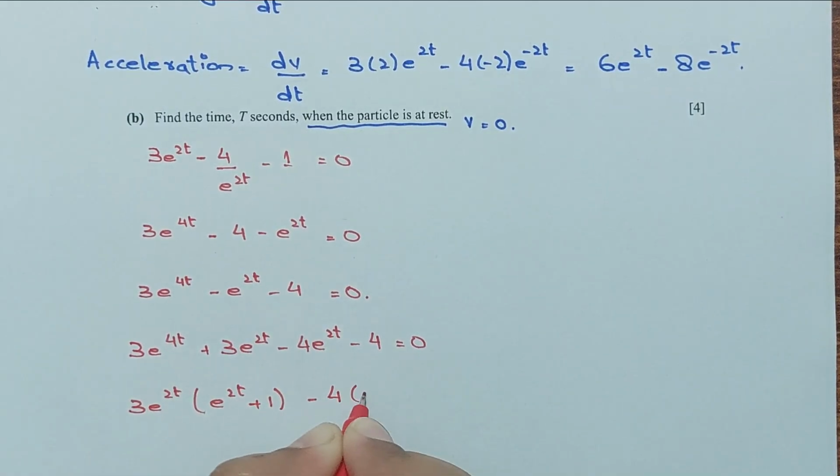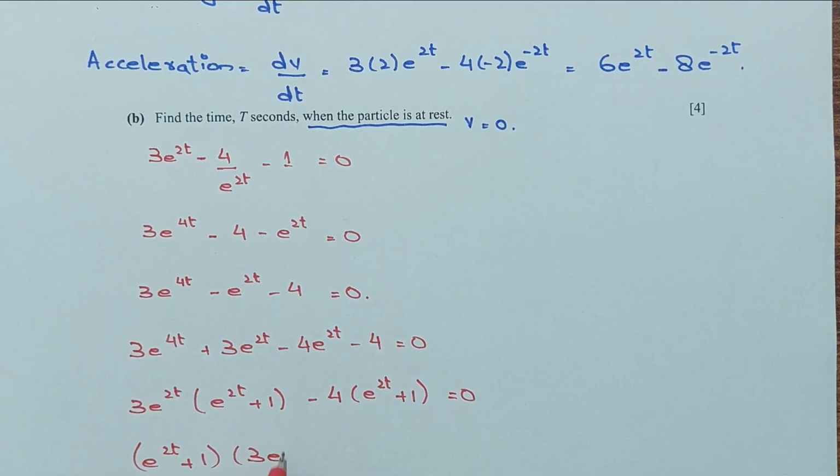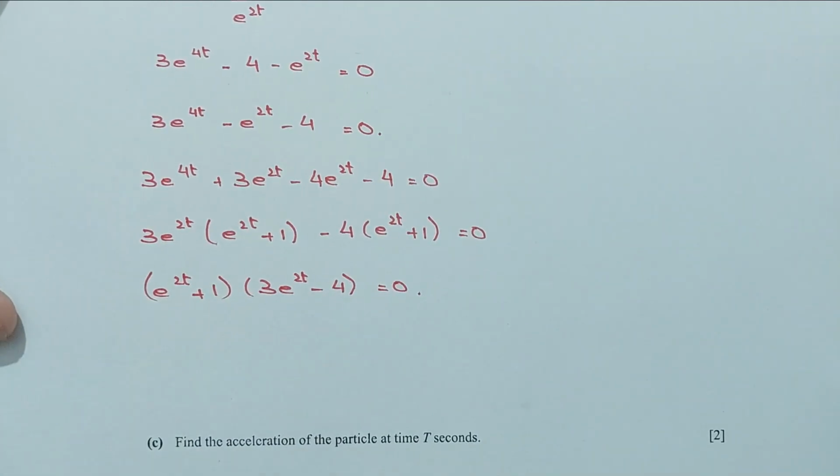Negative 4 is common, with the same factor e power 2t plus 1. The two factors are e power 2t plus 1 and 3 e power 2t minus 4, equal to 0. We have to solve for the time. Okay, so putting both factors separately equal to 0.